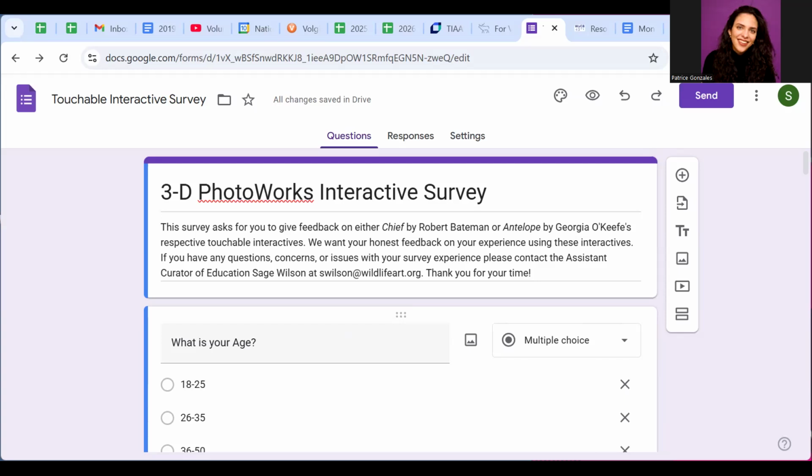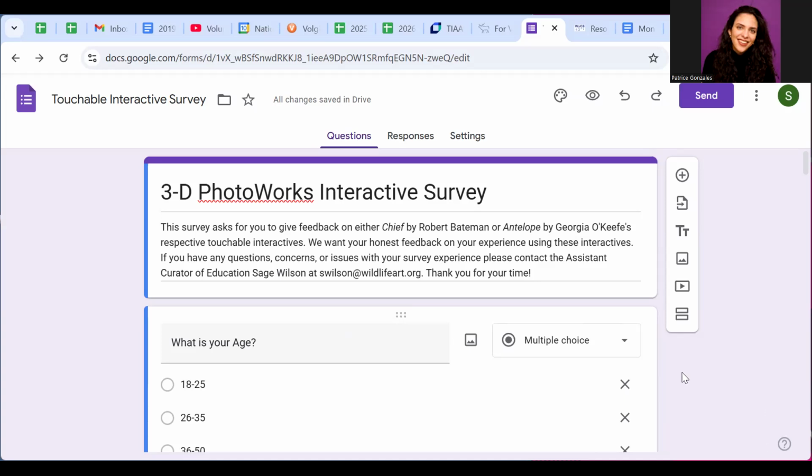I was going to pull up this survey, the current draft, where we say the survey asks for feedback on either Chief or The Antelope by Georgia O'Keeffe, respective touchable interactives. We want your honest feedback on your experiences using it. If you have any questions, this is something you always have to include. You have to give a contact when you're doing surveys as part of the guest rights. They have a right to complain directly to the person in charge.